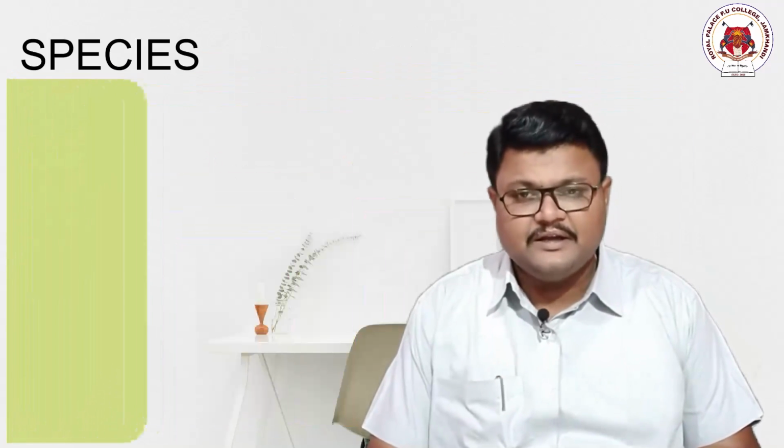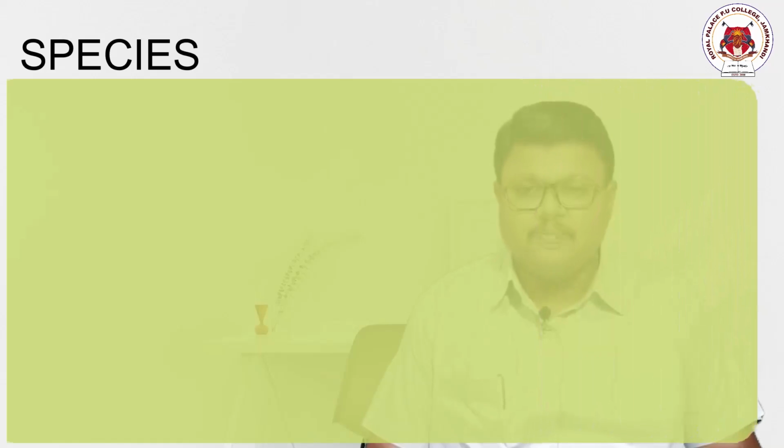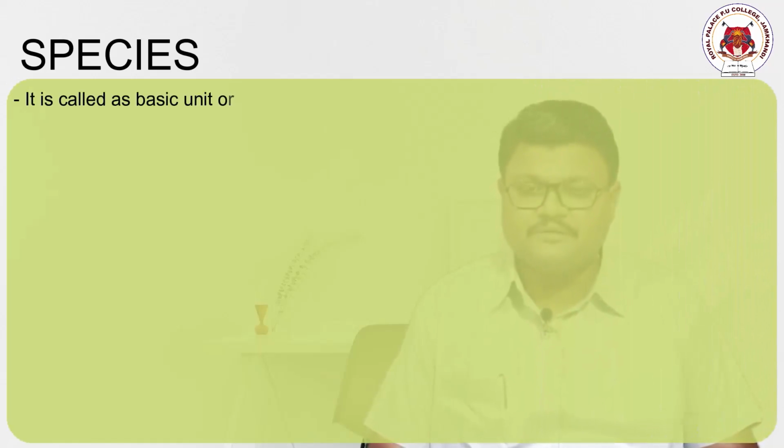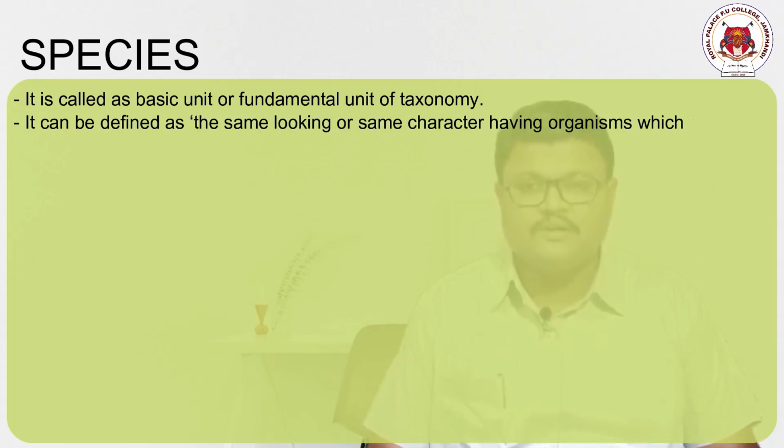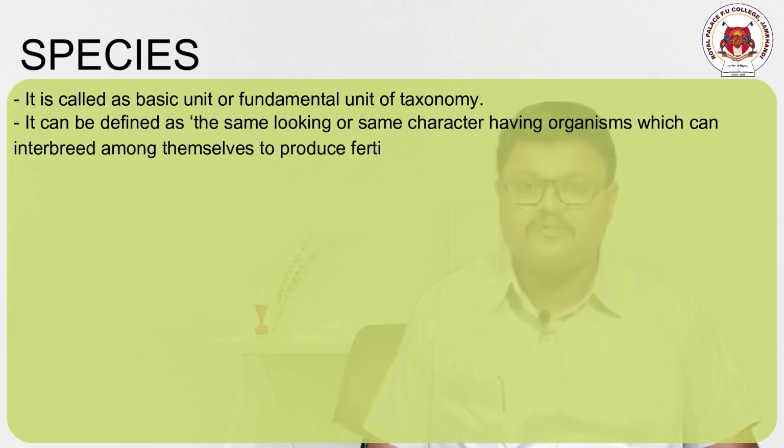In the hierarchy of taxonomical categories, the lowest or basic part is the species. Species is called the basic unit of taxonomy. Species can be defined as closely related organisms with similar morphological and anatomical characteristics, which can interbreed among themselves to produce fertile offspring.